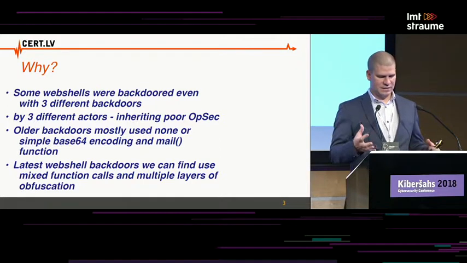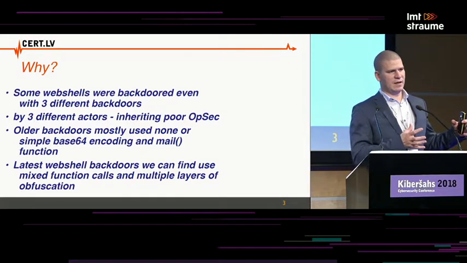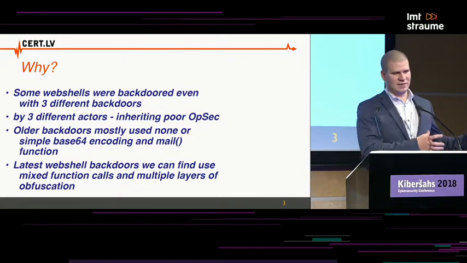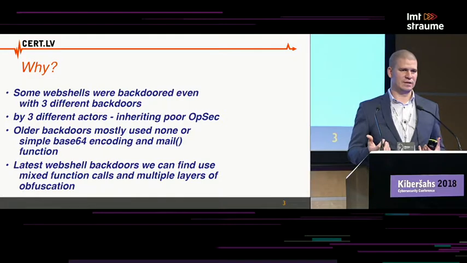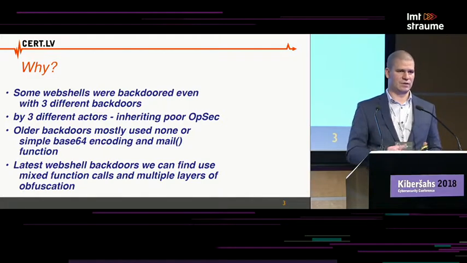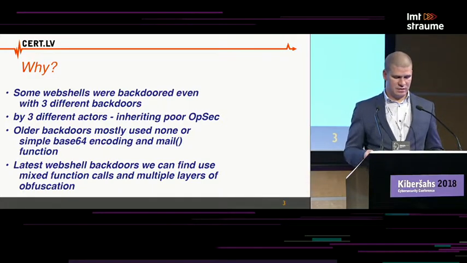And again, it's kind of inheriting bad OPSEC from the previous guy just by reusing the code, which we also do, right? We also reuse the code in our daily operations, which is inevitable, basically. So, same problems also for them.